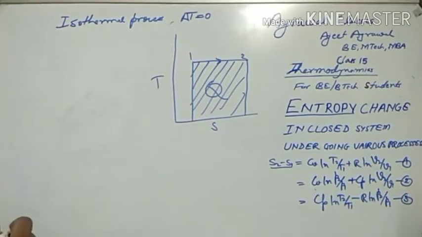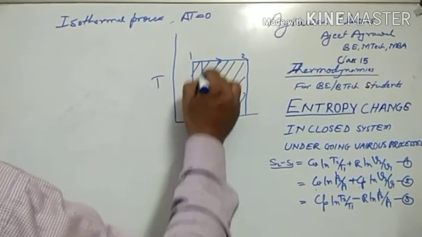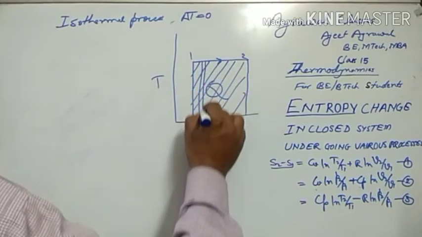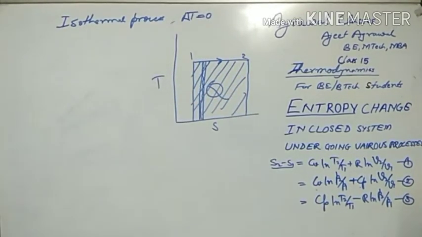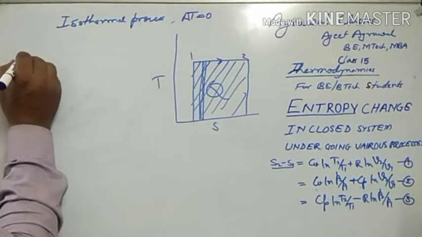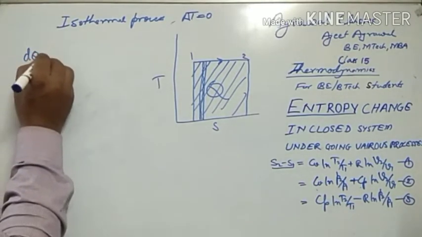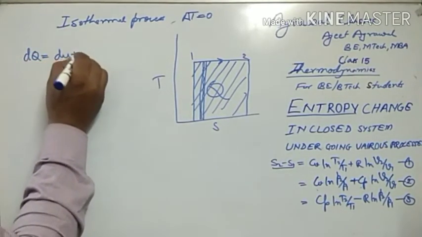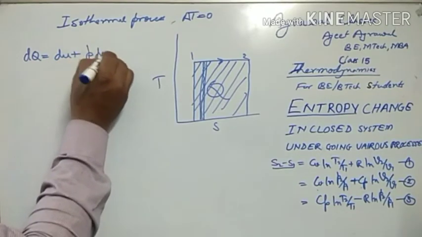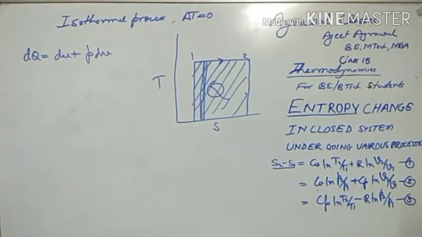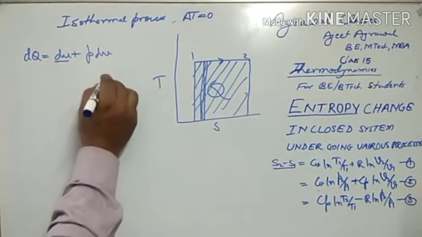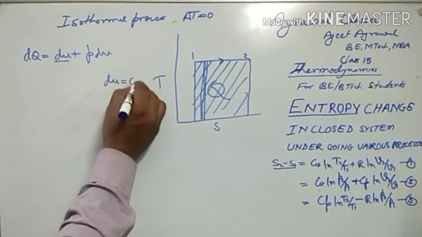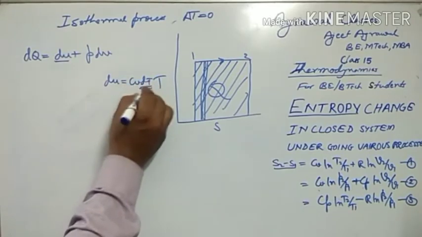In this particular process also, we'll consider a small elemental element and apply the first law of thermodynamics. The first law of thermodynamics says dq is equal to du plus p dv. Now, in this particular case, du is 0 because du is given as Cv dt and dt is 0.